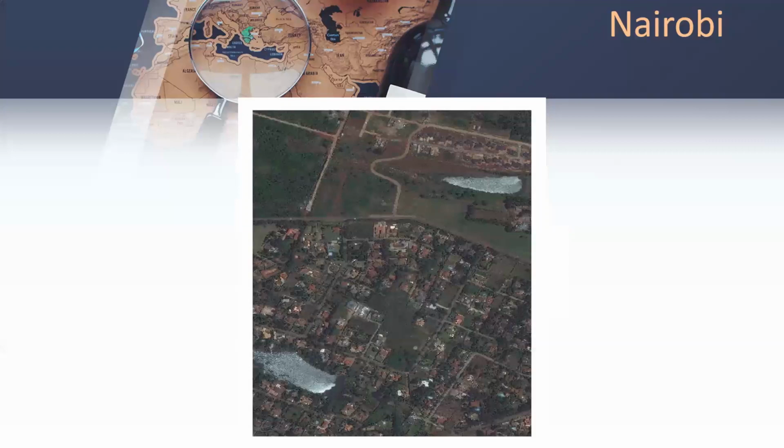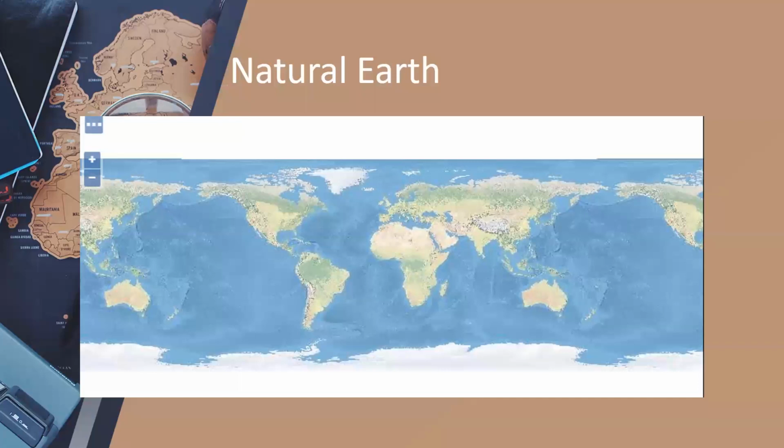And this is some Nairobi AOI, I think it's named Nairobi AOI. It's also a high resolution satellite image. It is quite small, around 14 MB. And there's one more data I think I had somewhere. I downloaded it from Natural Earth. You remember we looked at data sources in our first sessions when we were looking at raster.